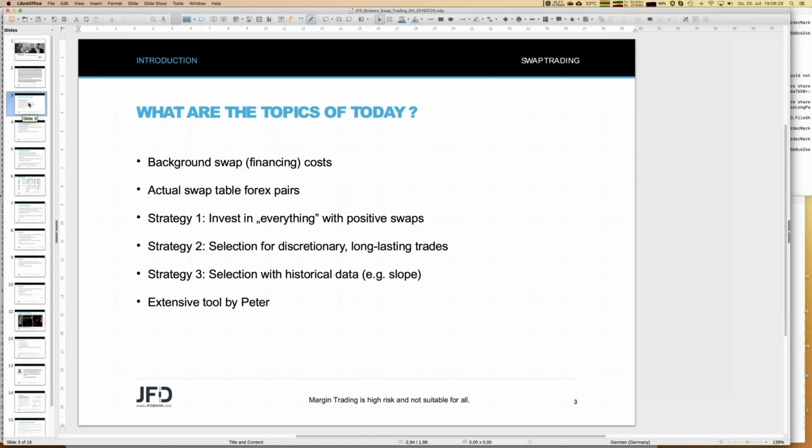And then I will show you within 3 strategies, and the wording strategies may be a little bit too heavy because it's that easy. I will show you my personal account because I started thinking about that webinar about 2 months ago, and that was a point in time I opened 18 trades, and we will of course see how those trades are doing.